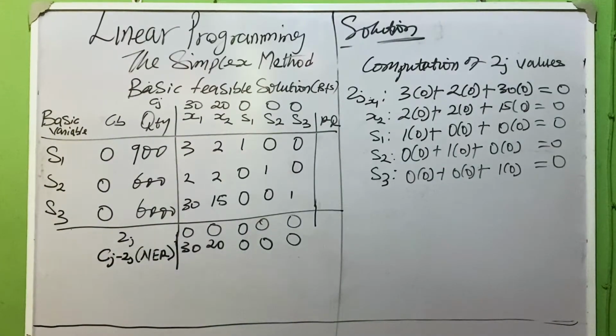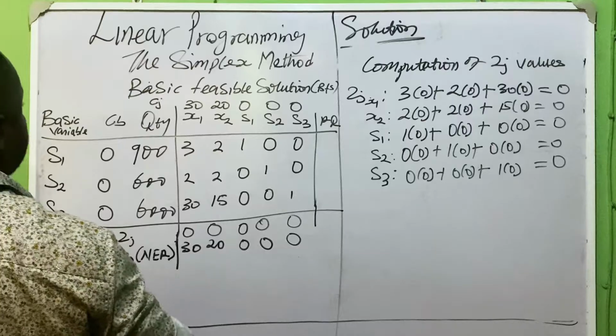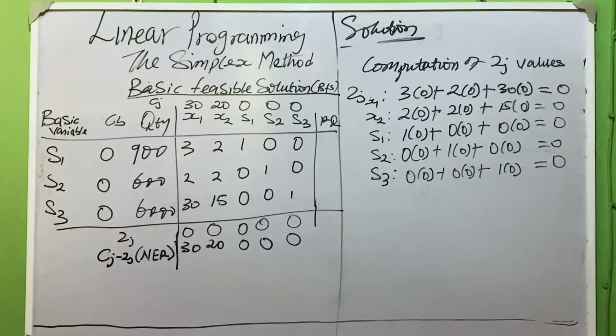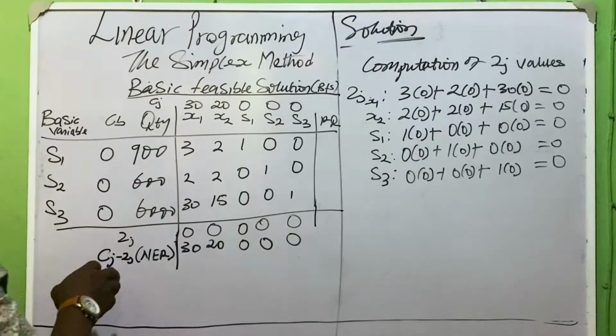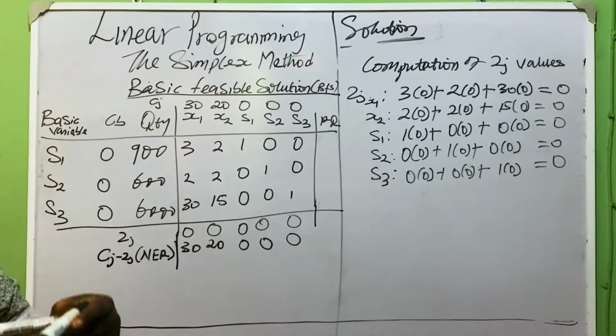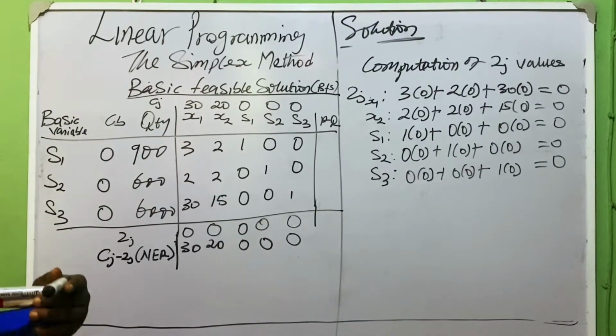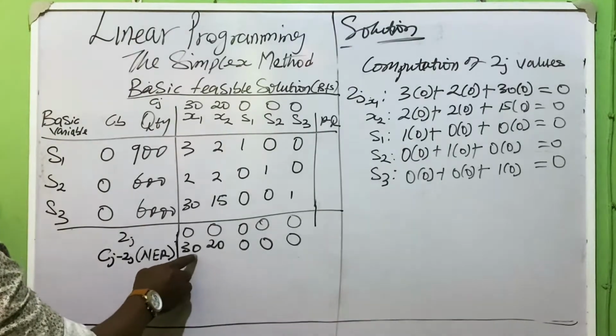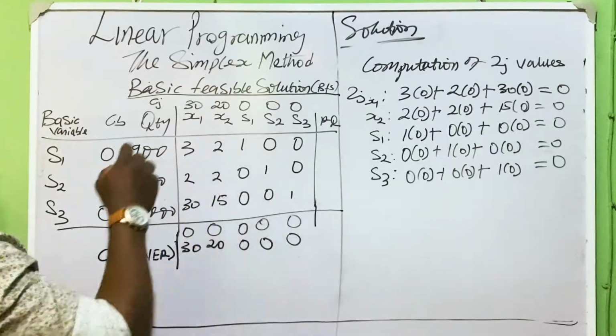So these are the basic feasible solution, the BFS, which we have mentioned earlier, that expectedly it shouldn't produce an optimal solution. So we are going to look at this and find out what next to do. For a simplex maximization case, you attain optimality when all the values in the net evaluation rule are either negative or 0.